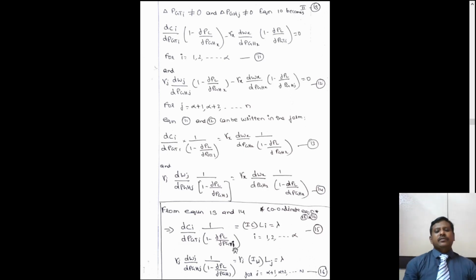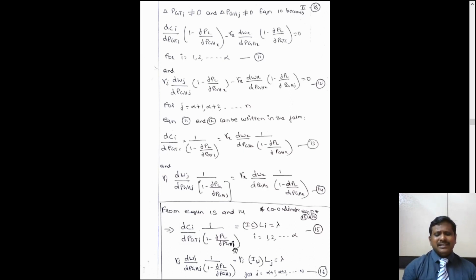Similarly in the unit 1 also, you got the equations without losses, meaning dc1 by dpg1 is equal to dc2 by dpg2 is equal to lambda in case of unit 1 without losses. Again with losses, dc1 by dpg1 into L1, where L1 is the penalty factor, is equal to dc2 by dpg2 into L2 is equal to lambda.